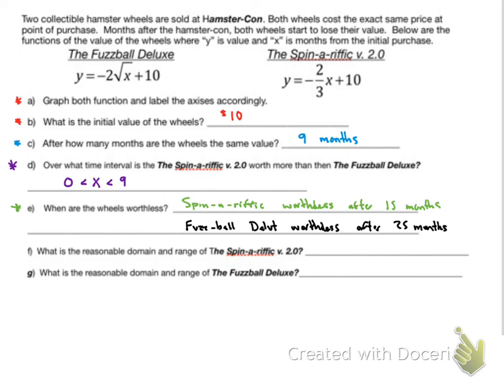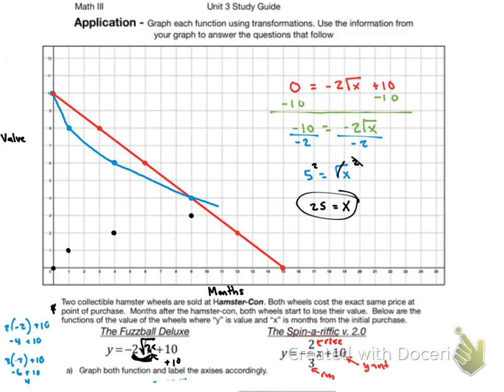So now, what is the reasonable domain and range of spinorific? For the domain of spinorific, domain is always going to be the x values. So domain for spinorific, and that's the one in red. So x values we're looking at from 0, because initially we buy it, it's worth $10, and to where it's worthless, it's at 15.